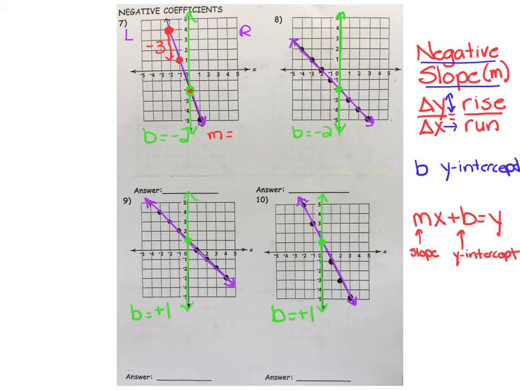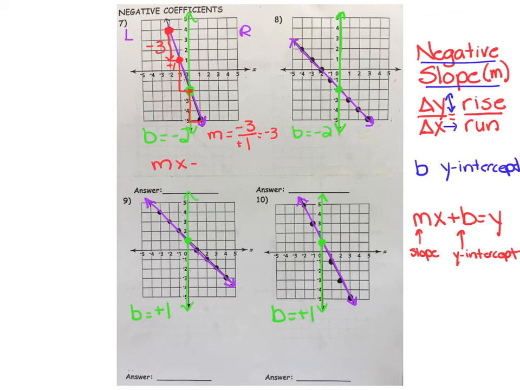That's a -3. And to the right, 1. And the pattern continues. Down 3 to the right, 1. Down 3 to the right, 1. We write this ratio, delta y over delta x, as -3 over 1, which is simply -3.